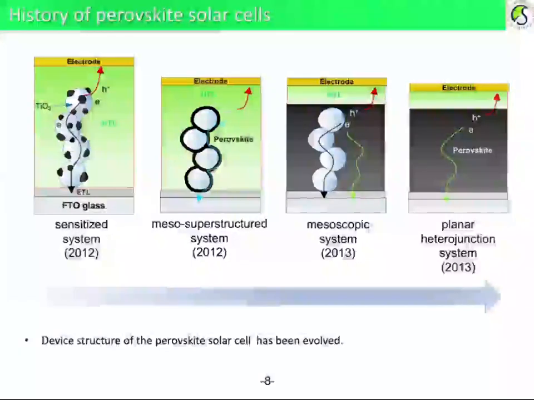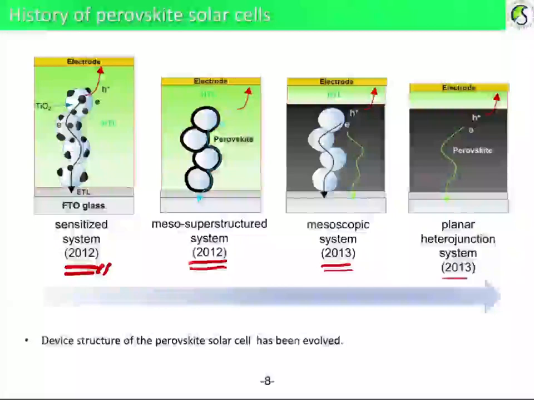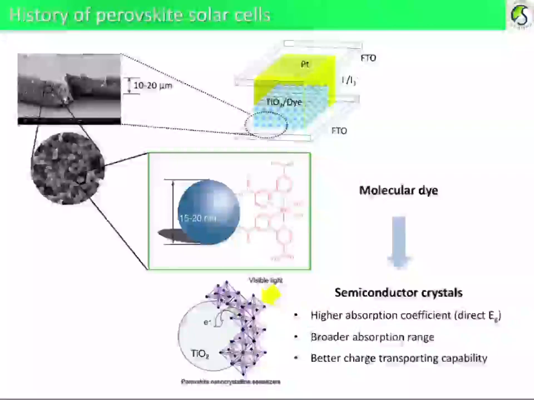And this figure shows the evolution of device structure for the perovskite solar cells. You can see that from 2012, the device structure of the perovskite solar cell has evolved into different structures, which is owing to the study on the properties of the perovskite material, which will be introduced from now on.